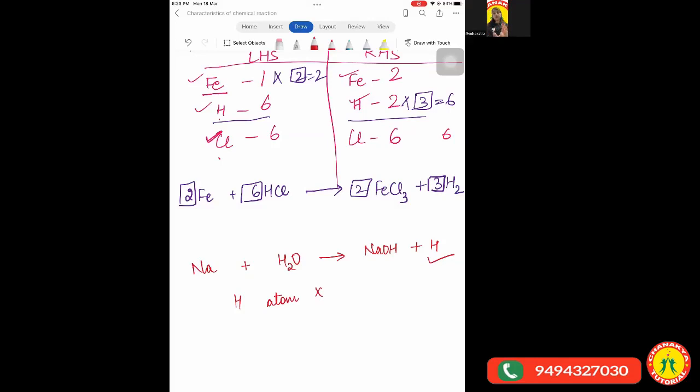We count the number of atoms while we do the balancing, but when we have to write the hydrogen, we always write it in the elemental form. Similarly, oxygen atom doesn't exist. What exists is O2. Nitrogen atom doesn't exist. What exists is N2, Cl2, Br2, I2. Fine, that's why this equation was incorrect. Clear, Abhinav? Yes, ma'am.